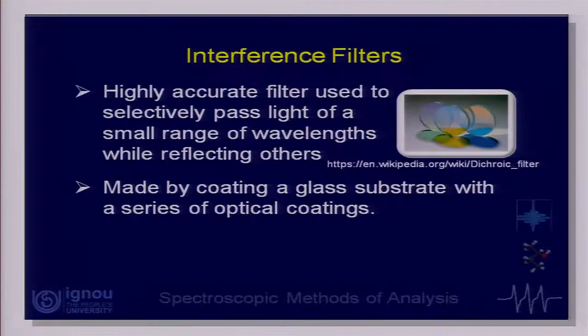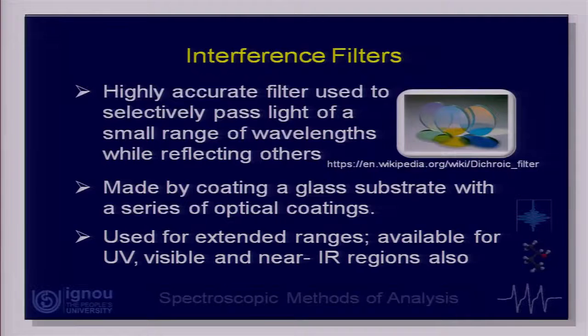These are a more advanced version of the ordinary filters. The advantage of interference filters is that they are available for a variety of ranges: for the UV range, the visible range, or even the near IR range, commercially. So, they are better than our ordinary glass filters.